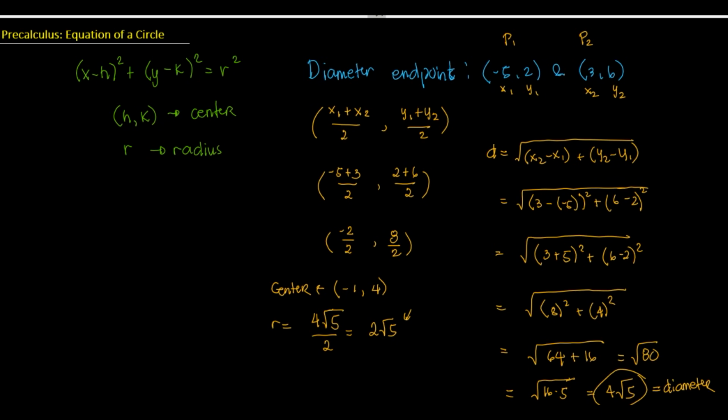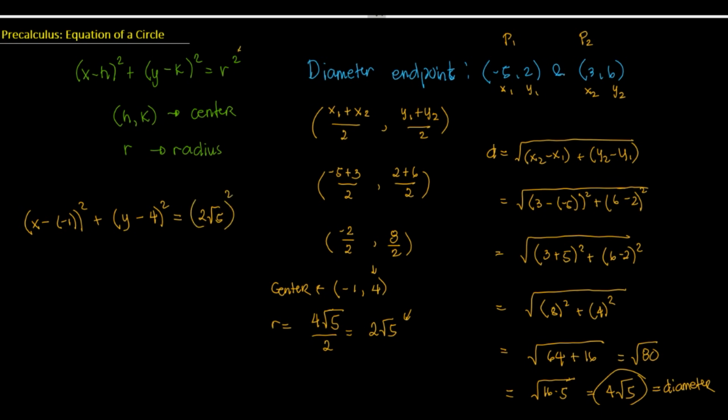So let's start. X minus our h is negative 1 plus y minus our k is positive 4 squared equals our r is 2 square root of 5. So 2 square root of 5 squared because you see the square here.